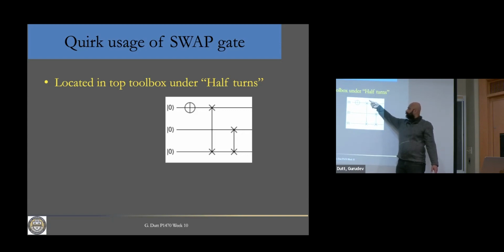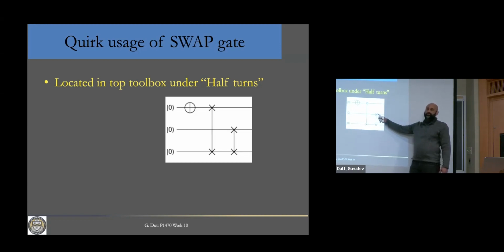And then we have a swap gate again between the middle qubit and the leftmost qubit. Remember, the leftmost qubit was 1 here. So after the whole swap operation, these two qubits will be 0, and this middle qubit will be 1. Is that okay to everyone? How the circuit works?